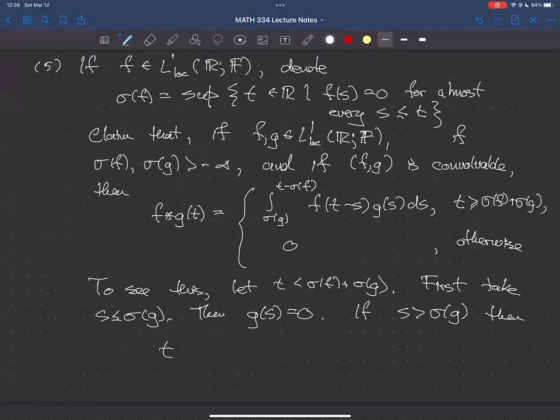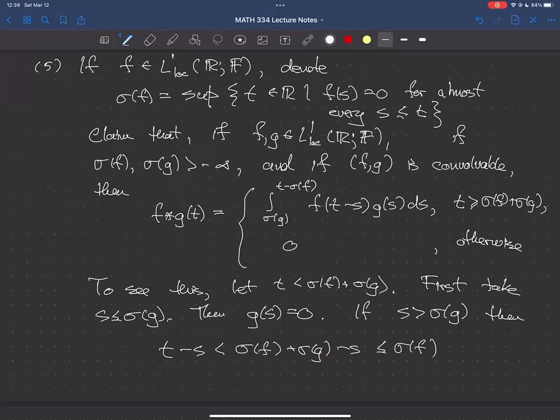So t minus s is less than sigma of f plus sigma of g minus s. And my assumption on s now implies that that quantity is non-negative, and so therefore this is less than or equal to sigma of f.